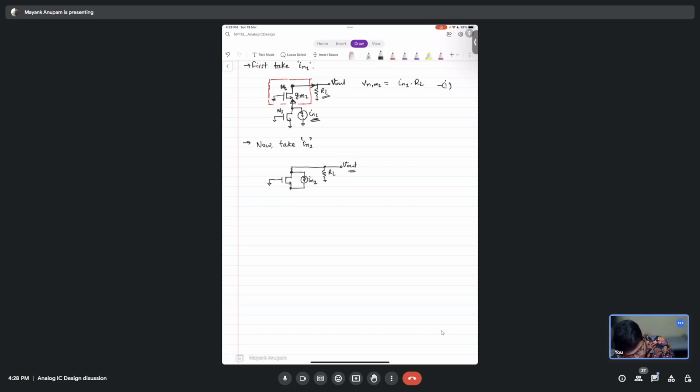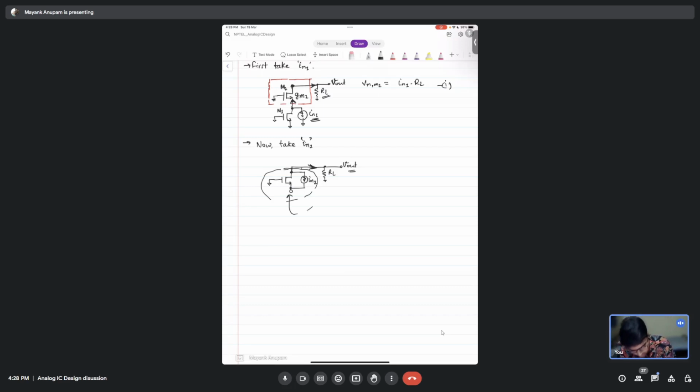So you can see this terminal is hanging here, right? It's simply not connected to anything. So if it is hanging, whatever current is flowing, IN2, cannot flow here, right? Because if something comes out of this box here, it has to come back from somewhere.